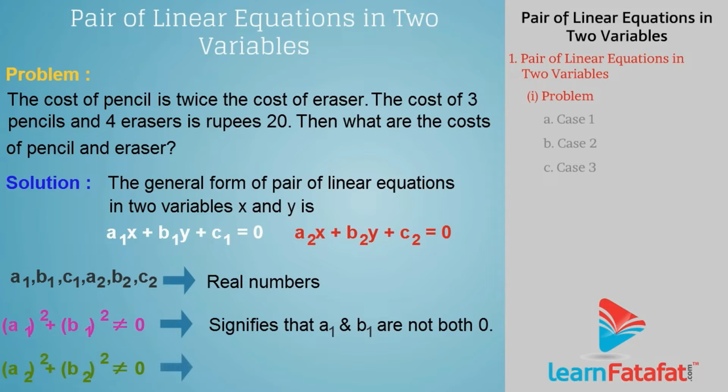Also, a2² + b2² not equal to 0 signifies that a2 and b2 are not both 0.